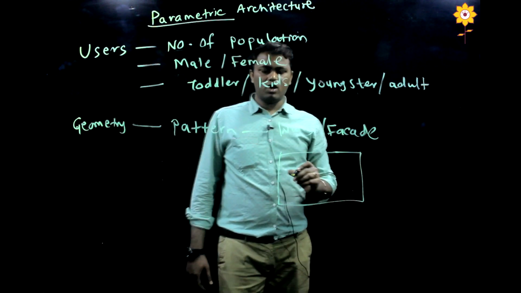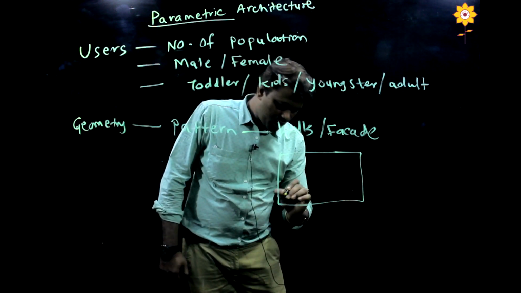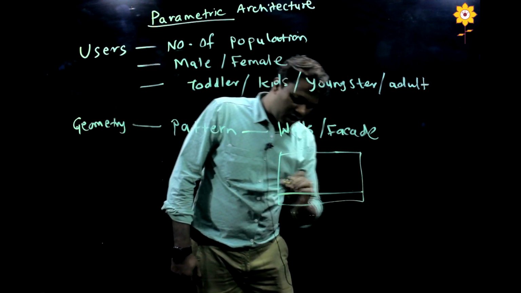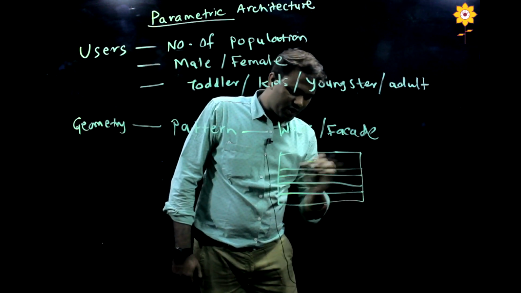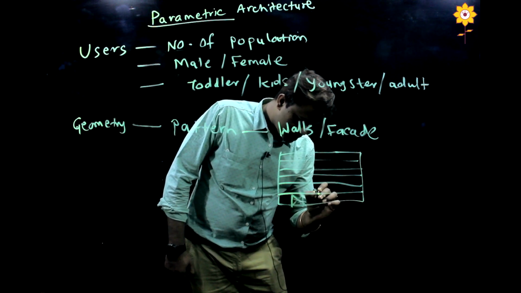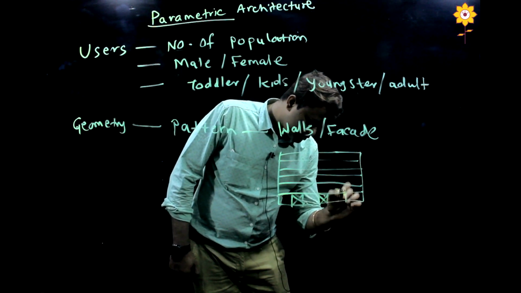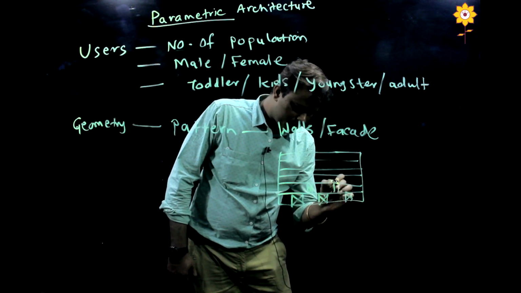In this particular wall, I want a pattern of brick where I am skipping alternate bricks. So this is the layer of bricks, and alternate bricks I am skipping. This is the void pattern I am creating in the brick wall.